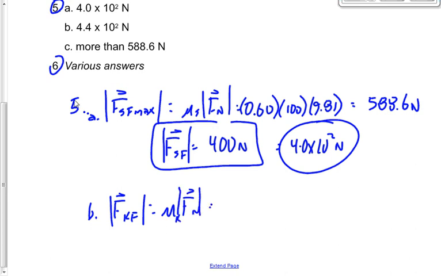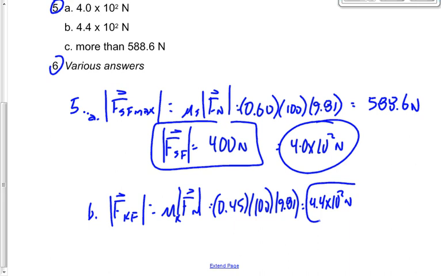The coefficient of kinetic friction was 0.45, and the normal force was 100 times 9.81. That gives me 4.4 times 10 to the 2. When it does move, kinetic friction kicks in, and kinetic friction goes down to a value that's lower than the maximum possible value of static friction.